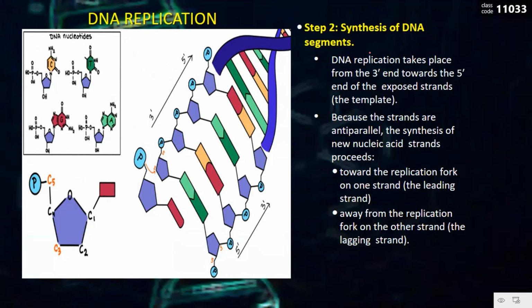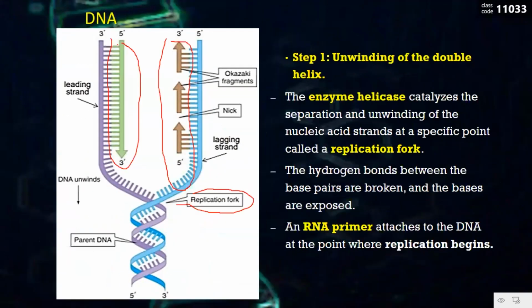So may dalawang portion siya, di ba? The leading strand, yung 3 to 5 natin na DNA strand. Yung kulay blue, yan yung lagging strand.